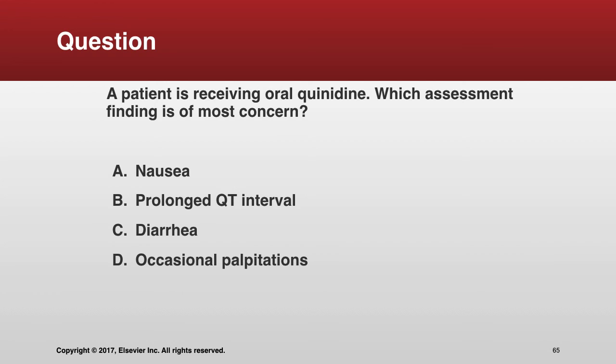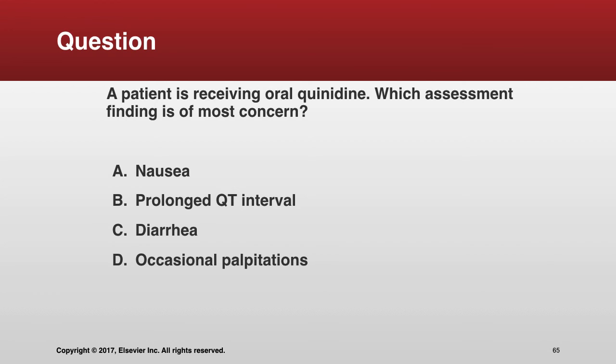A patient is receiving oral quinidine. Which assessment finding is of most concern? A. Nausea, B. Prolonged QT interval, C. Diarrhea, or D. Occasional palpitations? The answer to this one is B. Patients taking quinidine need to be monitored for prolonged QRS and QT intervals, which may be a precursor to more serious dysrhythmia problems.